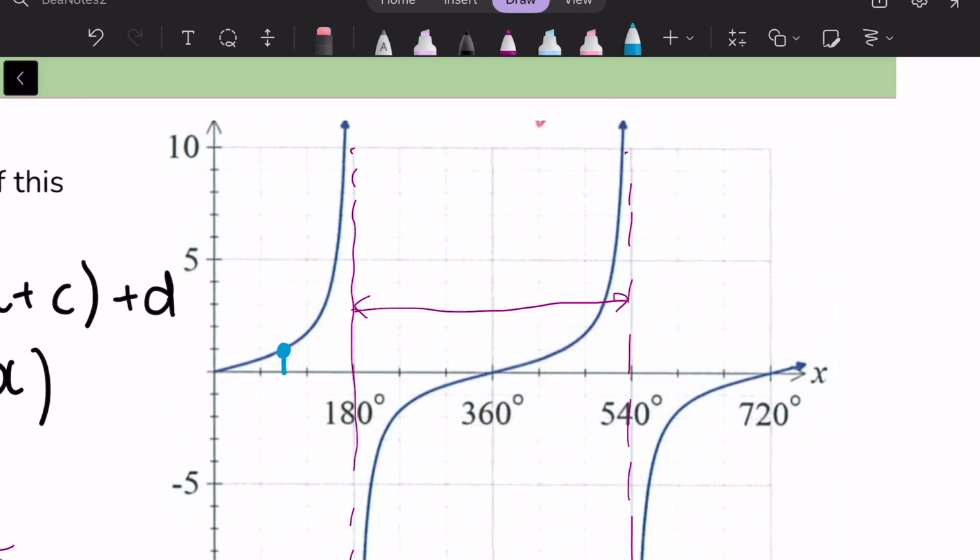And then we're going to do the same here. We know that this bit is half a tan graph, so just take half of that. And then this is also half a tan graph, so take half of that. And here. So just put dots there.